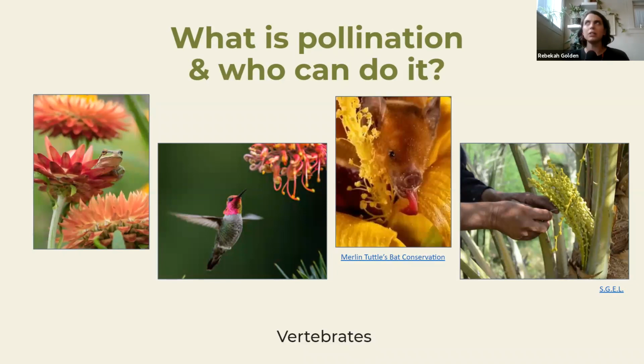All of the bat species we have in the Pacific Northwest aren't pollinators, but they do provide a lot of other really great ecosystem services to our areas, a lot of times as biocontrol agents, predators that are keeping prey species like mosquitoes and things at bay. And people can also be pollinators. So this is a date palm.